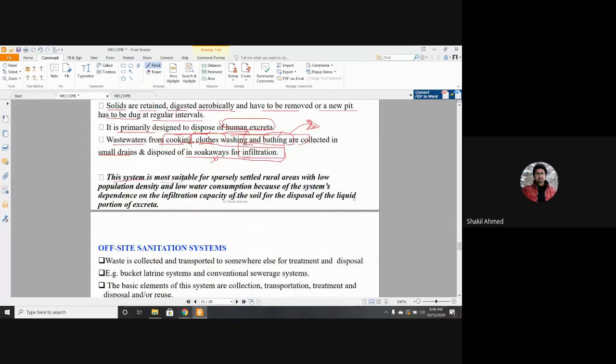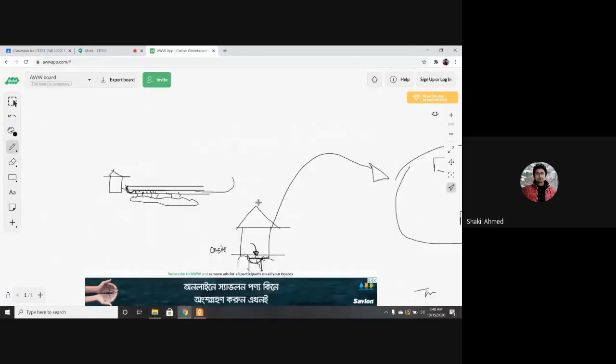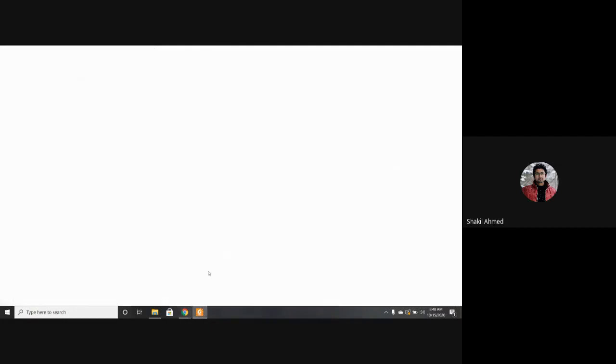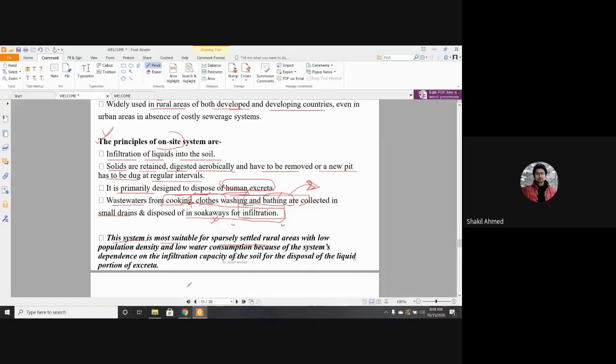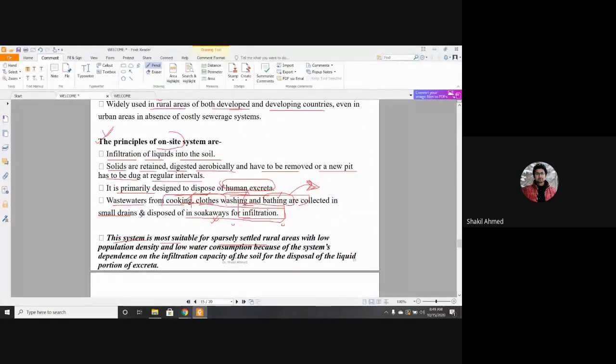The on-site sanitary system is most suitable for sparsely settled areas. Sparsely means at a big distance from one another. Like I say here, sparsely settled rural areas with low population density, and low water consumption, because of the system's dependence on the infiltration capacity of the soil for the disposal of the liquid portion of the excreta.